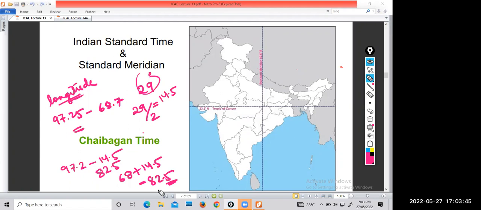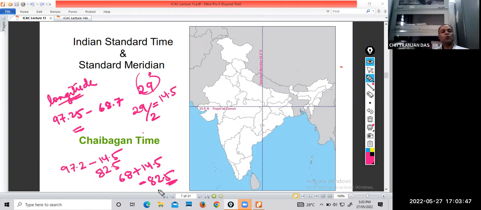So can you repeat it once? I am saying, what is the total longitudinal extent? I told you earlier. From the Rann of Kutch in Gujarat, Guhar Mota, to Arunachal Pradesh, the total extent of India is 68 degrees 7 minutes to 97.25. Okay, now we have to find a mid value of 97 to 68.